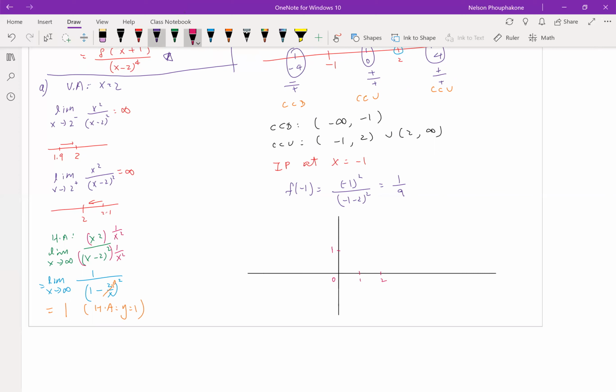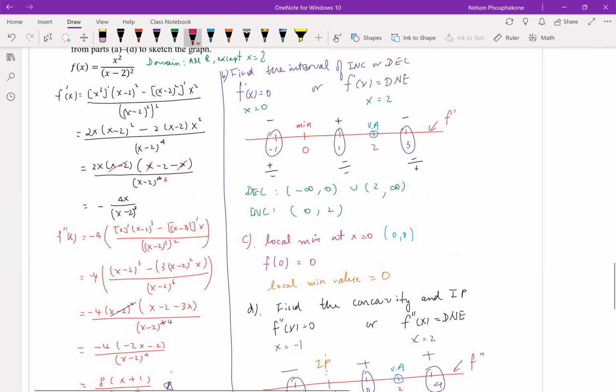First of all, we have a horizontal asymptote. We also have a vertical asymptote at x equal to 2. We know the function goes to positive infinity at the vertical asymptote, from the left and from the right. And we have one point, 0, 0. This is my local minimum.